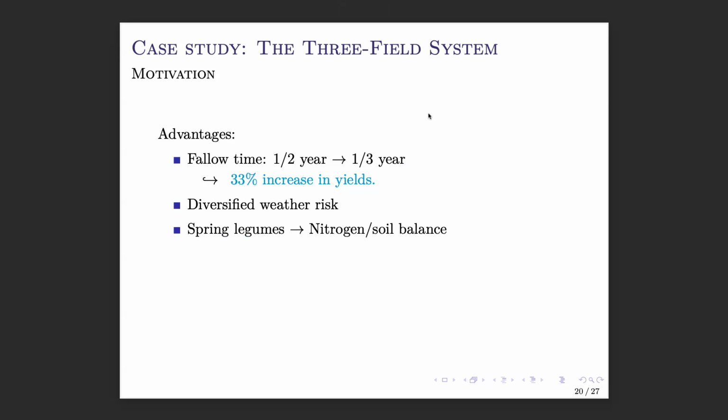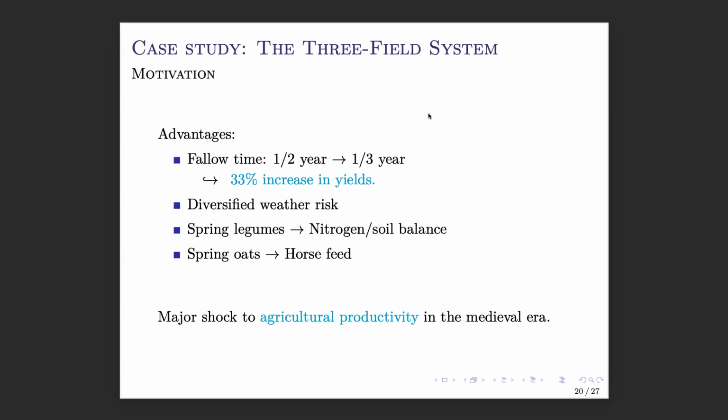The introduction of spring legumes is good for nitrogen fixing and soil balance, another mechanism through which this improves agricultural productivity. Spring oats can be used as horse feed, and horses can be used for agriculture. Spring oats are an integral part of the three-field system in most places, so that's another effect on agricultural productivity. And so I interpret this as a major shock to agricultural productivity in the medieval era for all of these reasons.